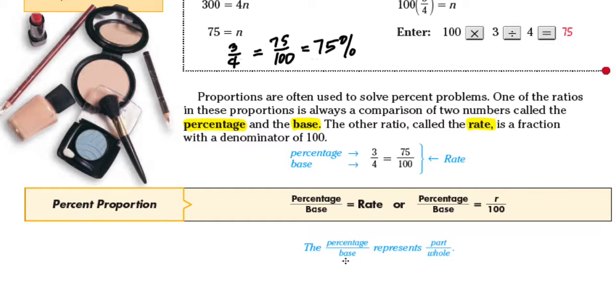The percentage over the base represents part of a whole, and that's why you have it as a ratio.